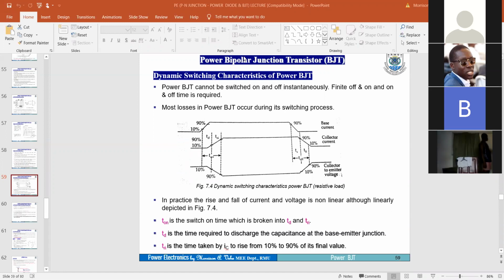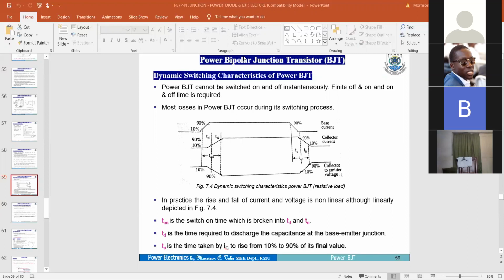So, power losses when you are doing switching: the longer it takes for the thing to switch from off to on, the more losses you incur. Once it takes time to move from off to on, and then back from on to off, your losses will increase in the process.